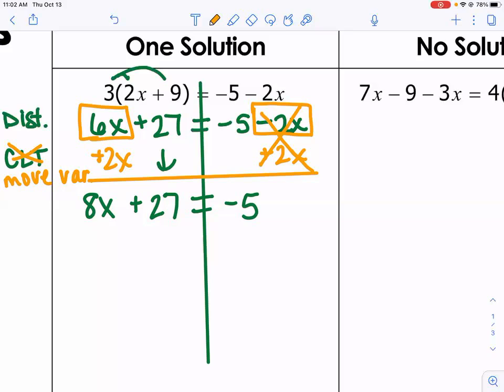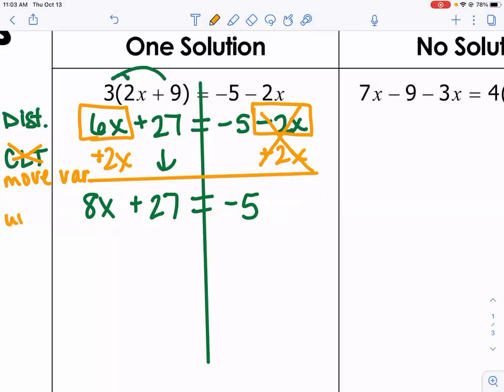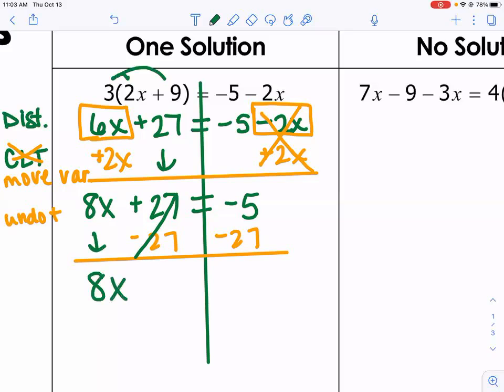Emily, what do we do next? We're right here. Okay, let's undo our addition by subtracting 27 to the other side. So we still have our 8x. Our 27 minus 27 does cancel out.